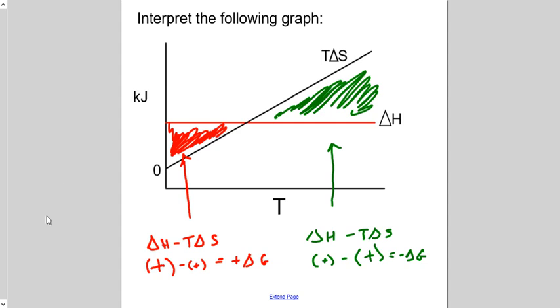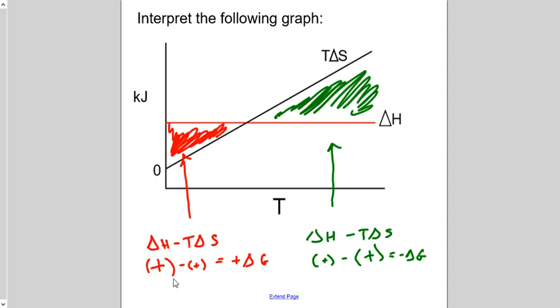Okay, so this one is interpreting the graph. So we have this delta H line and then this T delta S line. And you can see where 0 is. We have a positive value from here up, and we have a positive value from here.